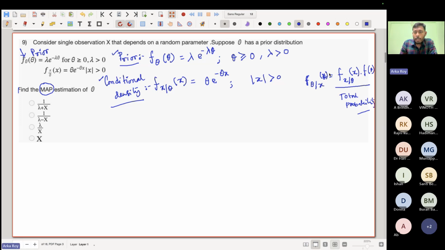Now, we have seen from the Bayes theorem lectures that this total probability does not give any sort of information for classification or any other ML task.